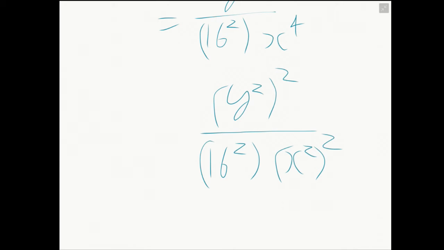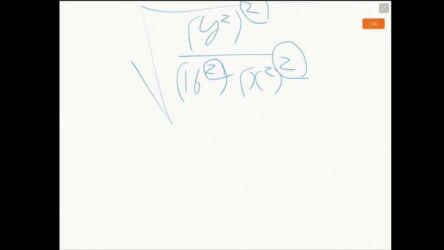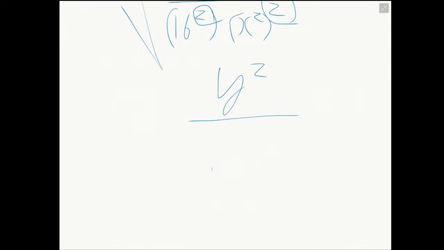Now, notice we have the exponent of 2 here, exponent of 2 here, exponent of 2 here. What could we do with that? Well, we could take the square root of that, right? So we would go y squared is 16x squared, except we're not done, since 16 is a perfect square.